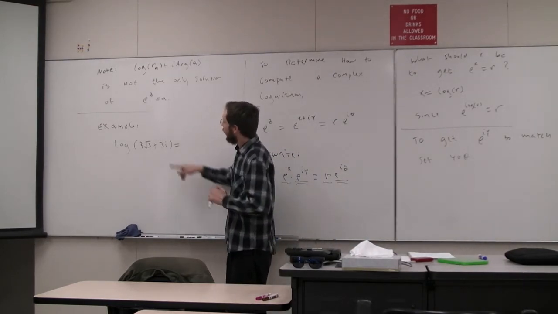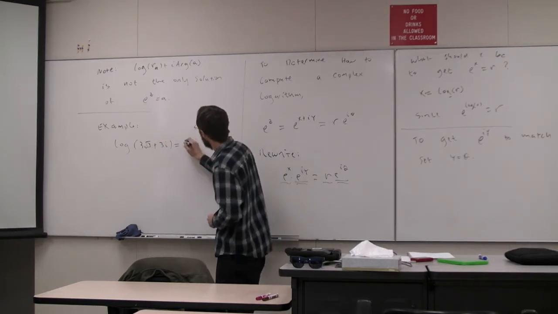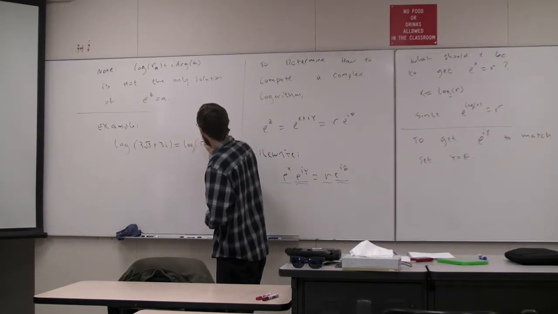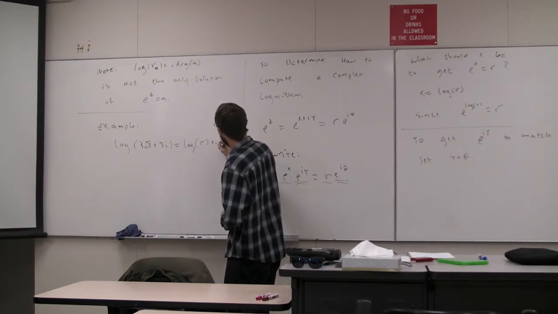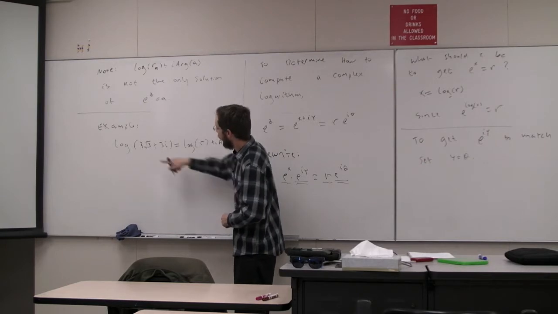Well, we've seen already that all we have to do is take the log of the radius plus i times the argument of this thing.